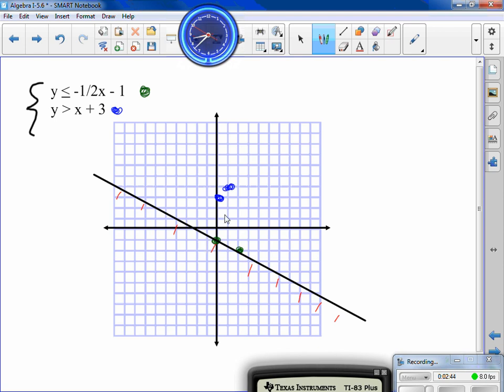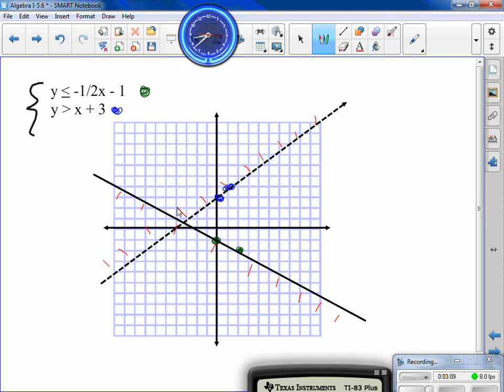What type of line do I have here? Dotted. Where does this shading go? Does it go above this line or below this line? Why above? Because it's greater than. So I'm just going to go and put arrows above.